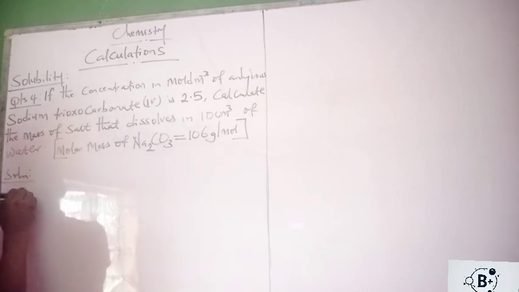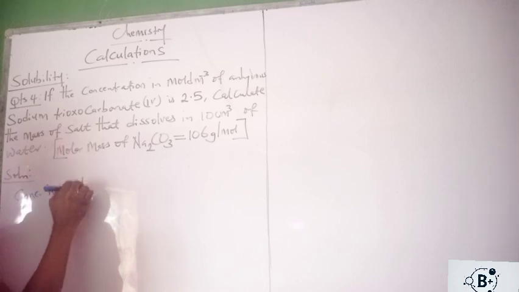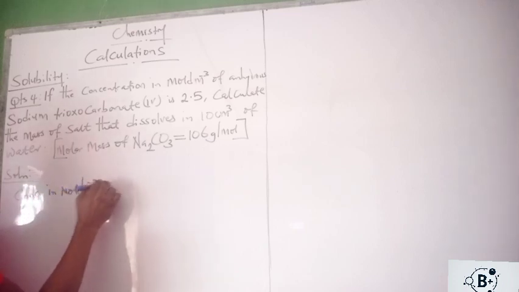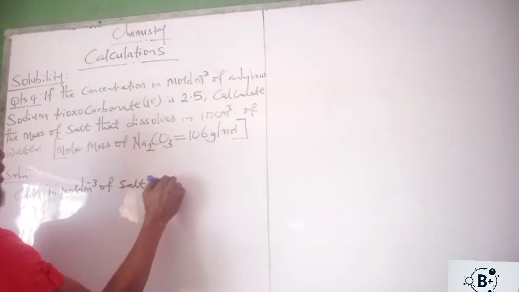So the concentration in mole per dm cube of the salt is given to us as 2.5.